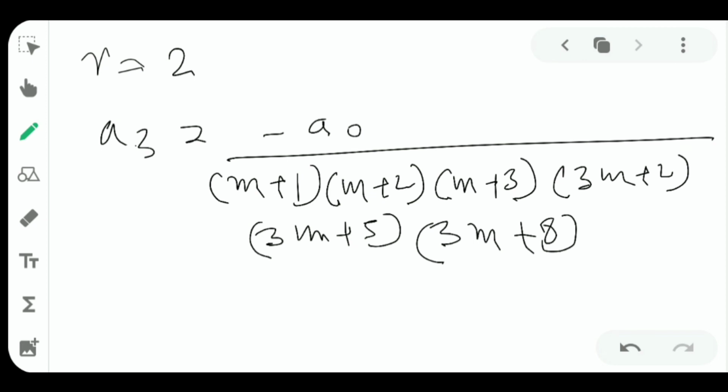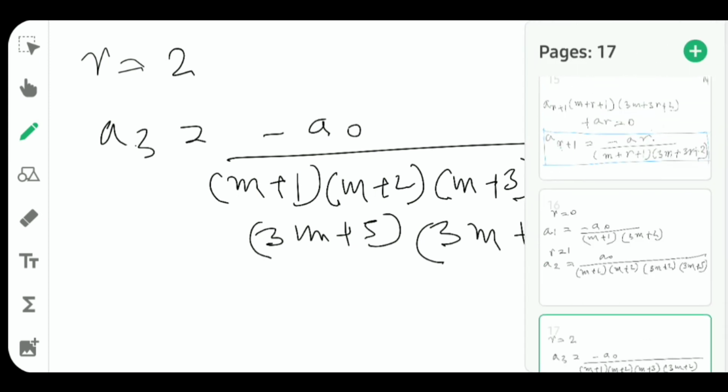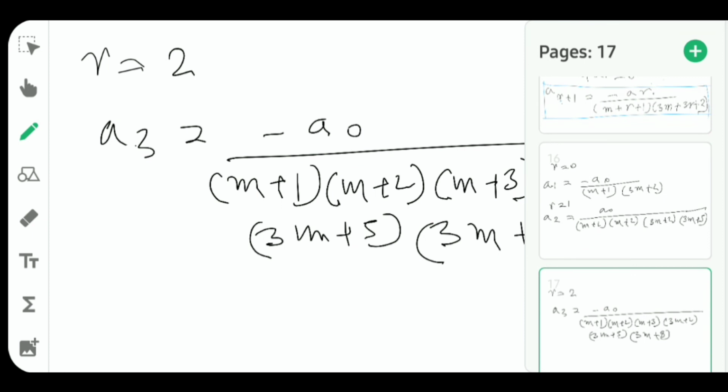Okay, h will be equal to this. Now see, here a3 will be equal to minus a naught. Okay, a1, a2, a3.